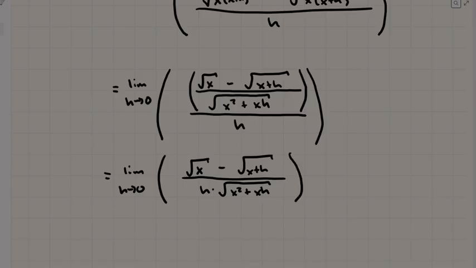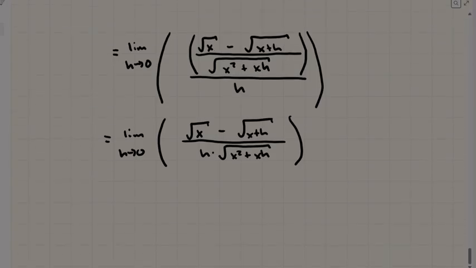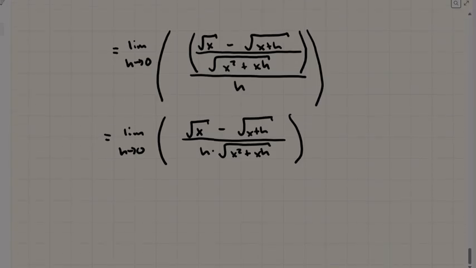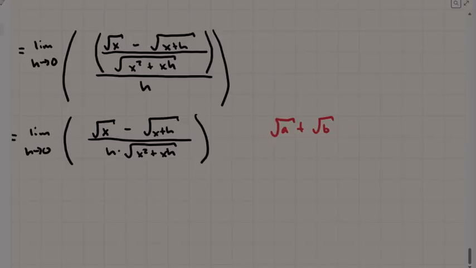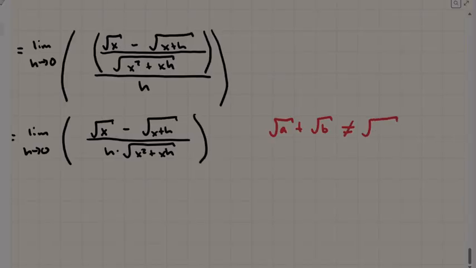Okay, yeah, that's easier to work with. Now how do we move forward from here? Just as background information, the square root of a plus the square root of b does not equal the square root of a plus b, and same with subtraction. So do not try to combine that numerator. That will not work.